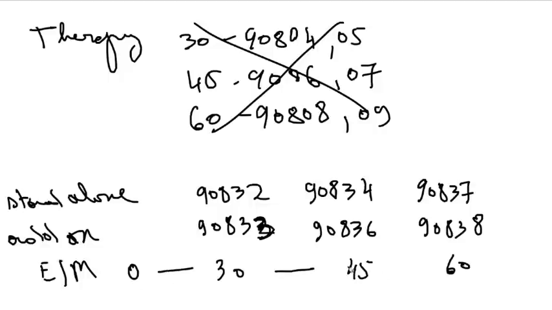Now, a very important footnote. As you see, the time is continuous. You cannot really get it right on the mark for 90832 at 30 minutes or 90834 at 45 minutes. And therefore, the CPT code is very clear in this respect.